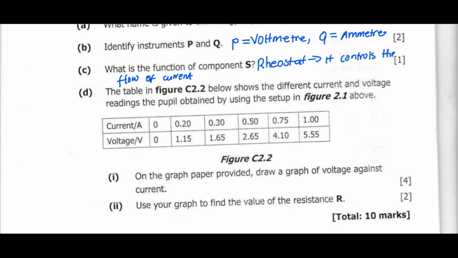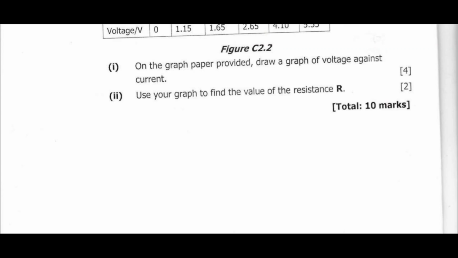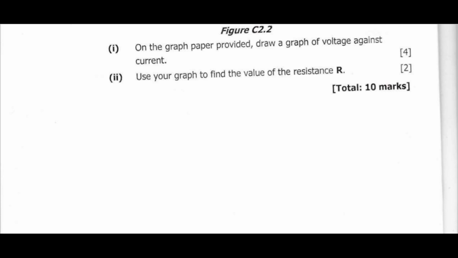The table in figure C2.1 shows the different current and voltage readings obtained. On the graph paper provided, draw a graph of voltage against current. So you remember, you need to use the original graph papers.